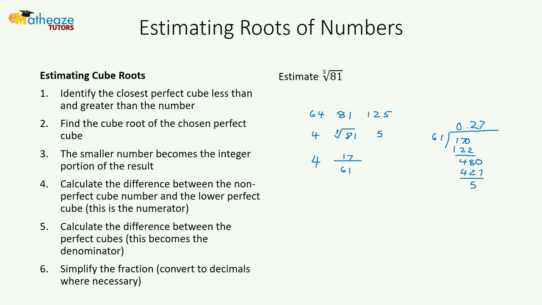Bring a 0 here, should give us 8, 488. Bring a 0 here, it's going to give us a 6, 366, and this is going to give us 54. We can keep going, but 4.279 is going to be the estimate of the cube root of 81.